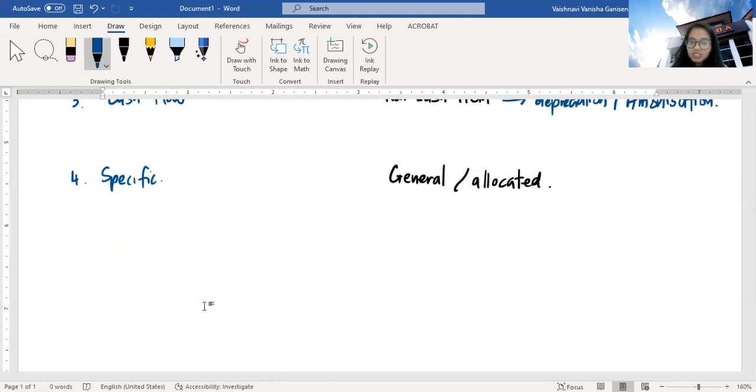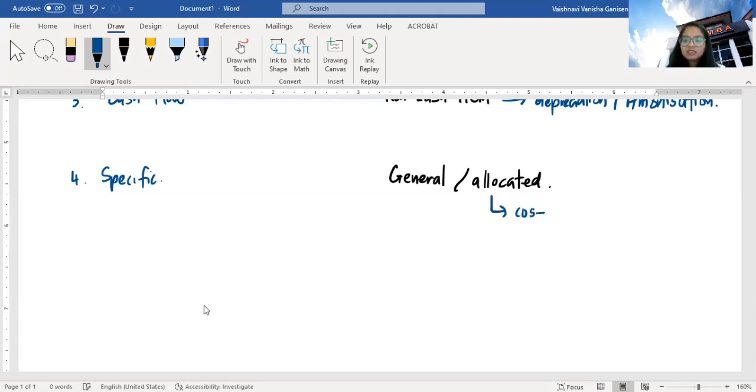An allocated cost example, let's say your head office has overheads of $120,000. Now, in order to see how much each division incurs, you will allocate the cost to individual divisions. So that is an allocated cost.